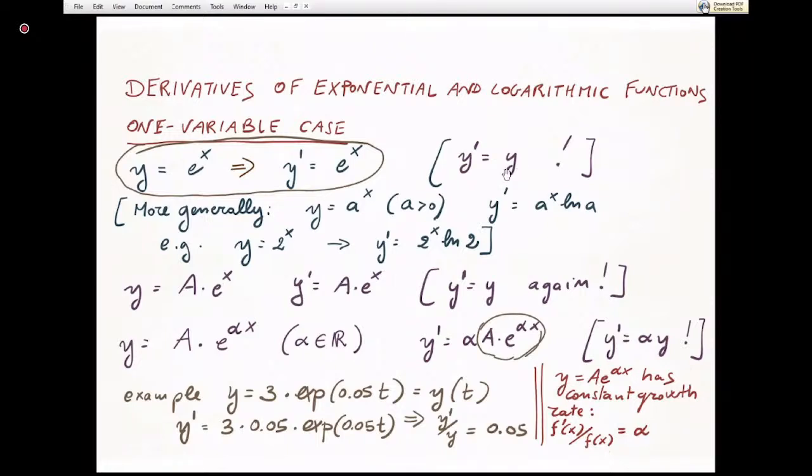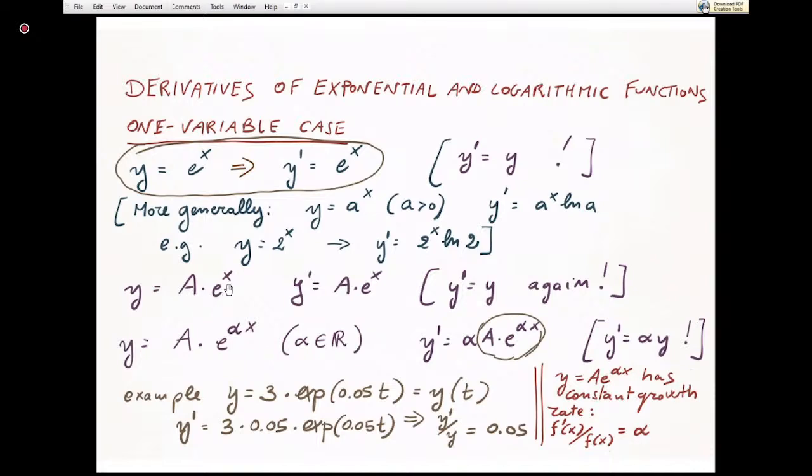Okay, so these are two cases of functions of one variable having the derivative exactly equal to the function. Basically, the only case of a one variable function having the derivative equal to the function is this one. The function is a constant times e to the power of x.